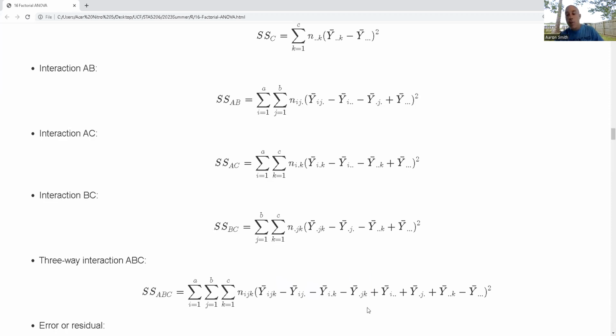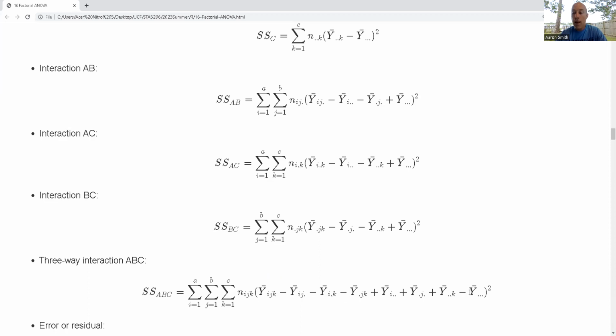Next, I worry about just A. I take the sample average for that level of A, and I add it on. I take this level of B, take the average of my response variable, and add it on. I take this level of C, take the average, and add it on.